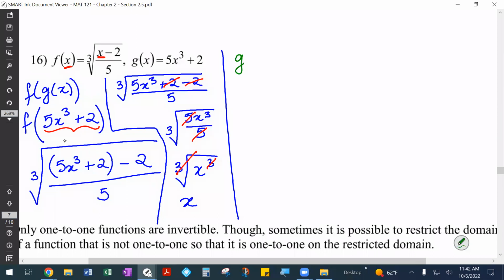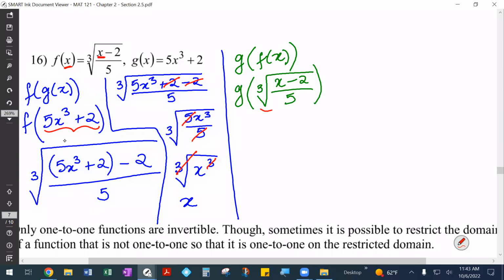Now we can try the other way. So g on the outside, f of x on the inside. So this guy will now take g as the outer function, f as the inside. So your cube root of x minus 2 divided by 5.